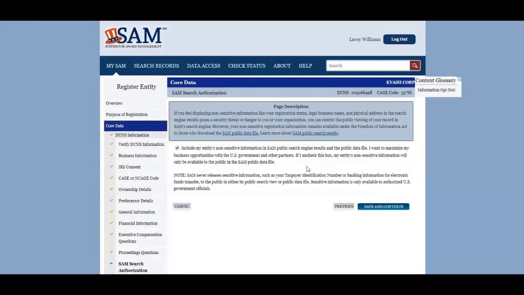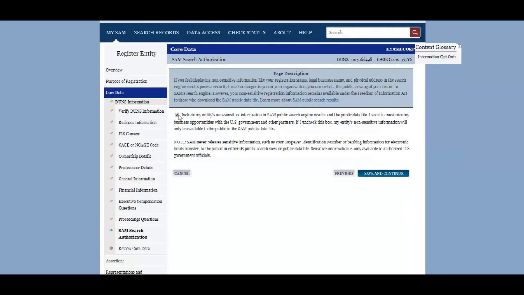Now we have the SAM search authorization. What is checked here is: include my entity's non-sensitive information in the SAM public search engine results and public data file. I want to maximize my business opportunities with the government and other partners. If I uncheck this box, my entity's non-sensitive information will only be available to the public in the SAM public data file.